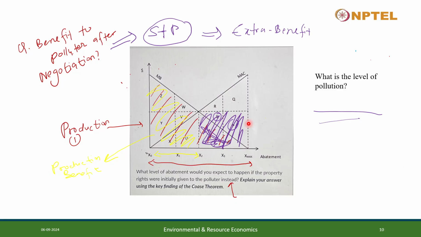However, when there is negotiation, this area R plus Q will be the cost saving, because they don't have to give this part of cost to any person. So this is the cost saving in the case when the property right is given to the polluter and there is negotiation. So when there is no negotiation, x max will be the level of pollution, and when there is negotiation, x2 will be the level of pollution.